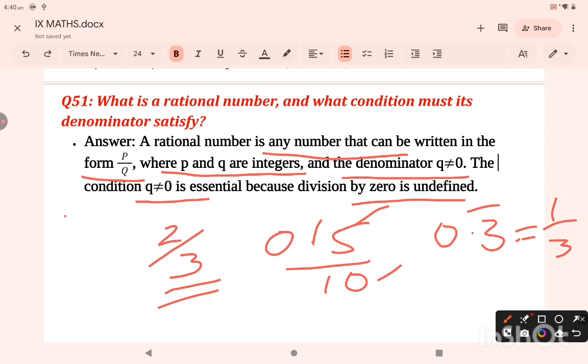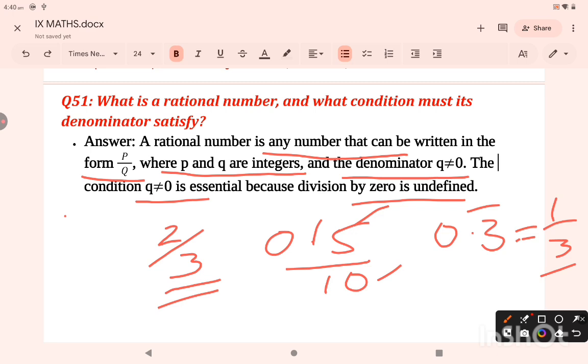This can also be expressed in the form of p by q. That means 0.3 bar is equal to 1 by 3. So numbers which are in the form of p by q or which can be expressed in the form of p by q, these types of numbers are called rational numbers.